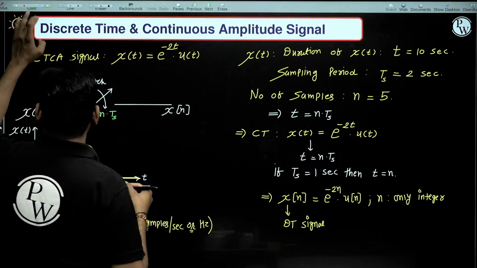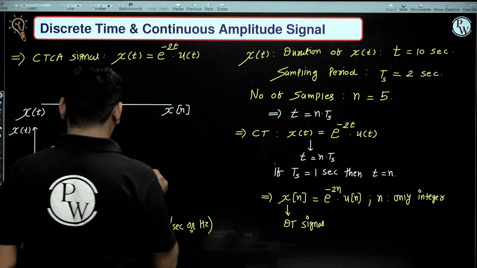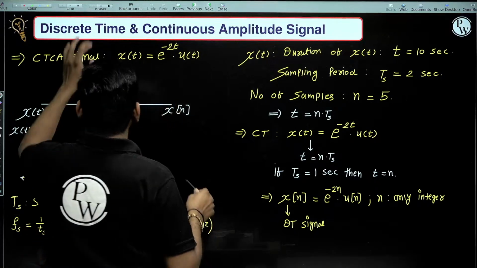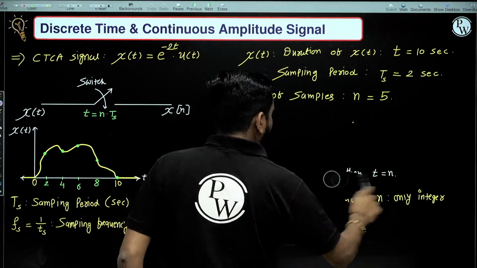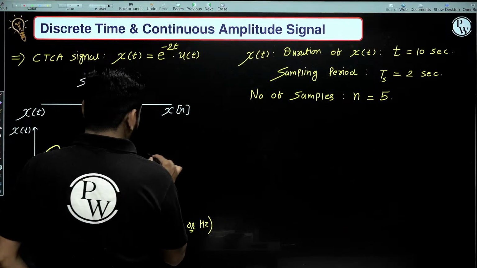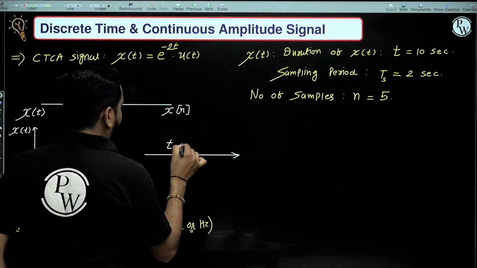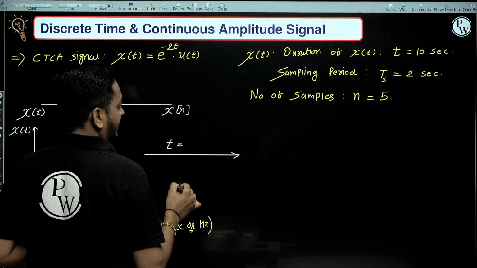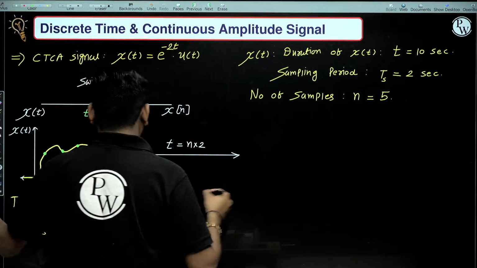So after sampling, guys, how does this signal look? After sampling, here replace t with nTs, t is equal to n into Ts.